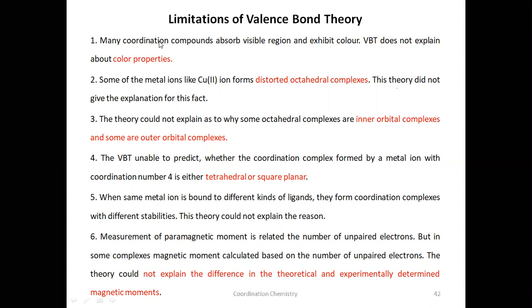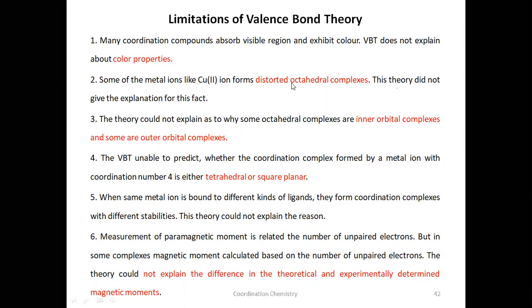Though it is able to explain the geometry, it could not explain the color properties of these complexes. Color is a very important phenomenon for the complexes. Almost all the complexes exhibit colors, but this major aspect is something this theory could not explain. This is one drawback.